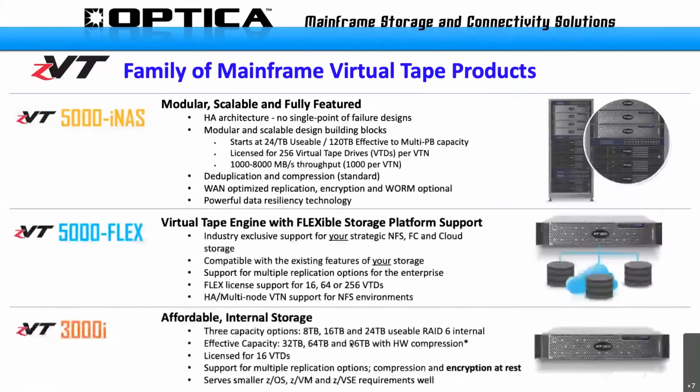So there are 3 models in the family, and I'm going to go over these quickly. The iNAS system is our flagship product, starting at the top. It's the most modular, scalable, and fully featured product in the industry, we feel. It starts at 24 terabytes usable and scales to multi-petabyte. It can be designed with a high availability architecture and has very powerful data resiliency technology.